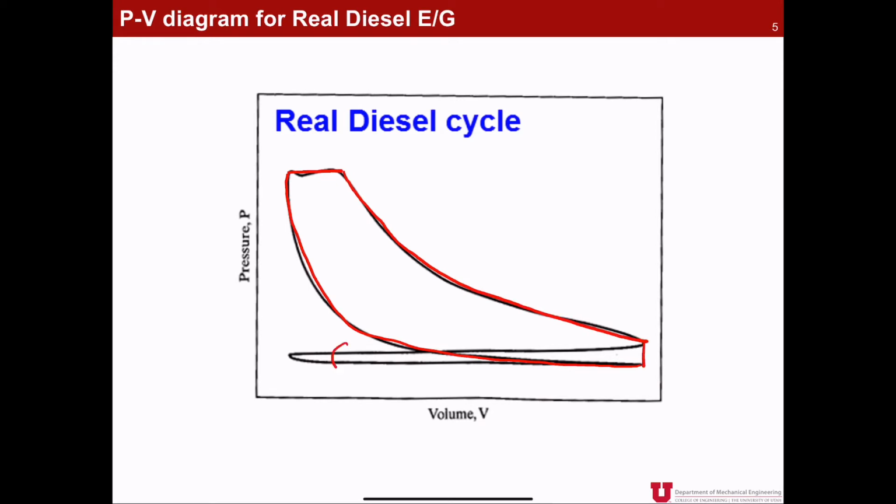Now we ignore intake and exhaust process strokes, which can be ignored. So that is how we can model a diesel cycle operation.